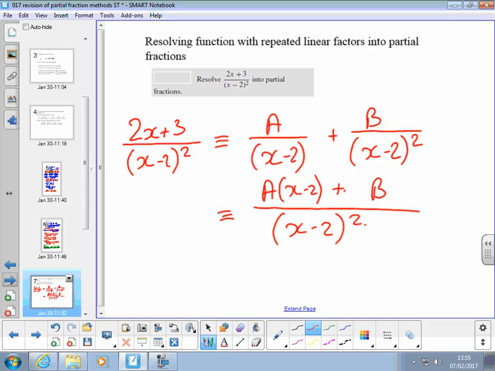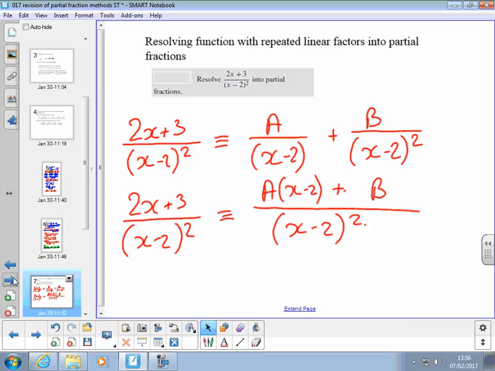And that bit there, (2x plus 3) over (x minus 2) all squared, is equivalent to that. Go on. Yep.